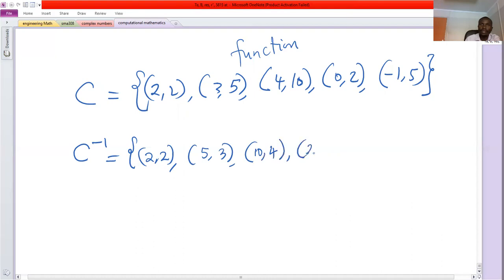And then 2, 0. And then we have 5, minus 1. So 2, 2, 5, 3, 10, 4, 2, 0, 5, minus 1. So in the inverse relation, you see 2, 5, 10, 2, 5. So 5 and 5 are the same first elements, but different second elements. So this is not a function.